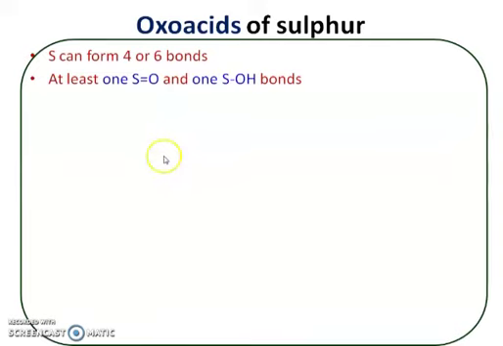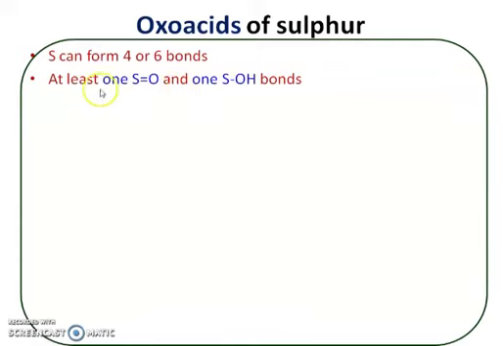Another point is, in an oxyacid, sulfur must be attached to an oxygen atom through a double bond, or it must be attached to one OH group through a single bond. So this is very important.